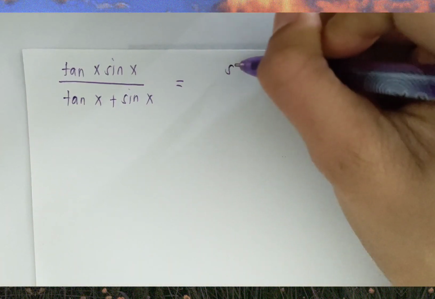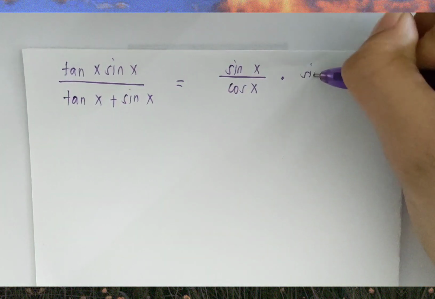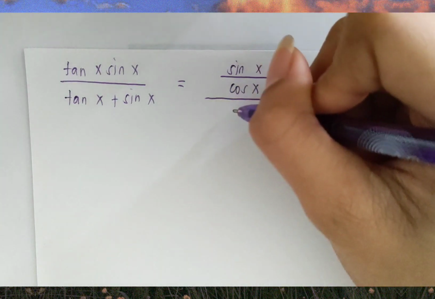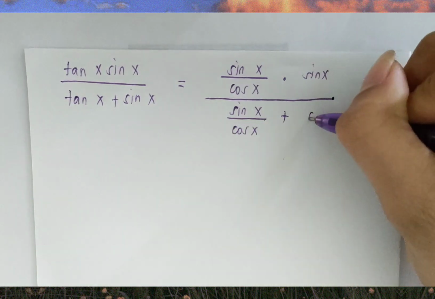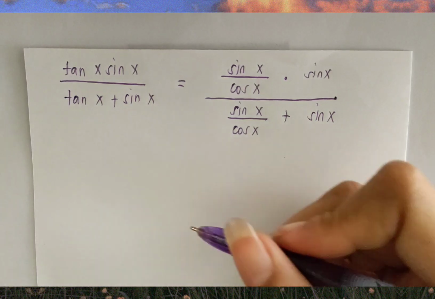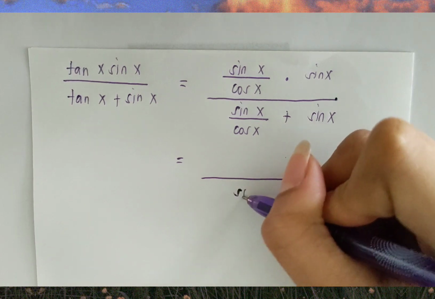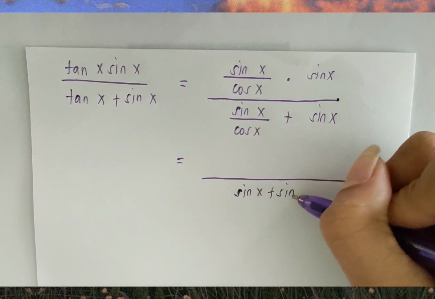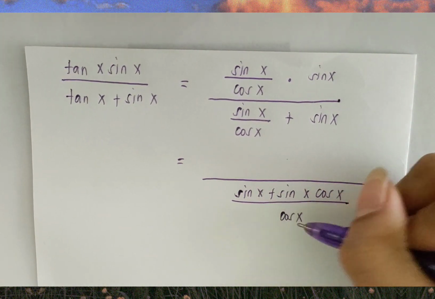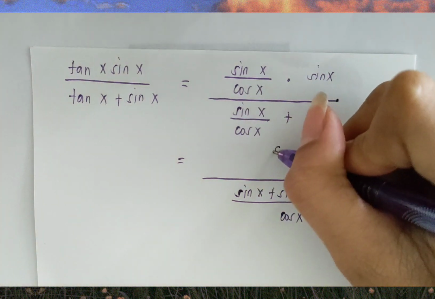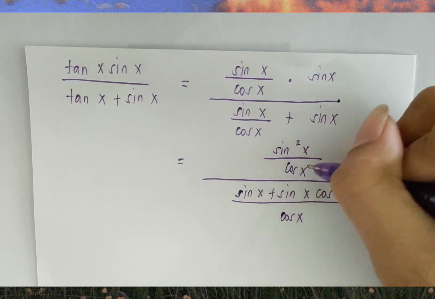We will obtain sine x all over cosine x times sine x all over sine x over cosine x plus sine x. Next, we have our denominator sine x plus sine x cosine x all over cosine x. And for the numerator, we have sine squared x all over cosine x.